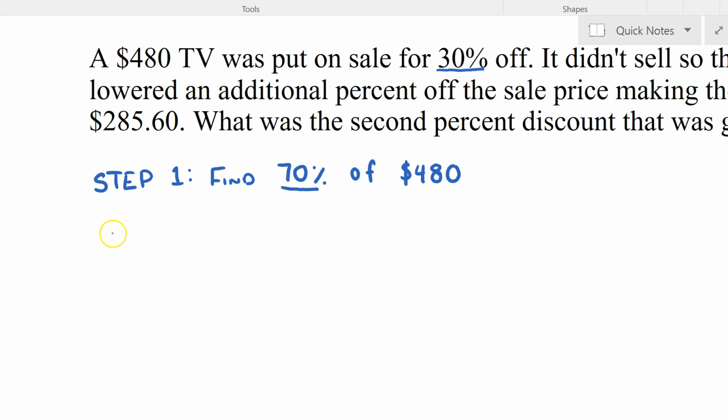So a lot of us would just do this. P is equal to, let P be the new price at 30% off.